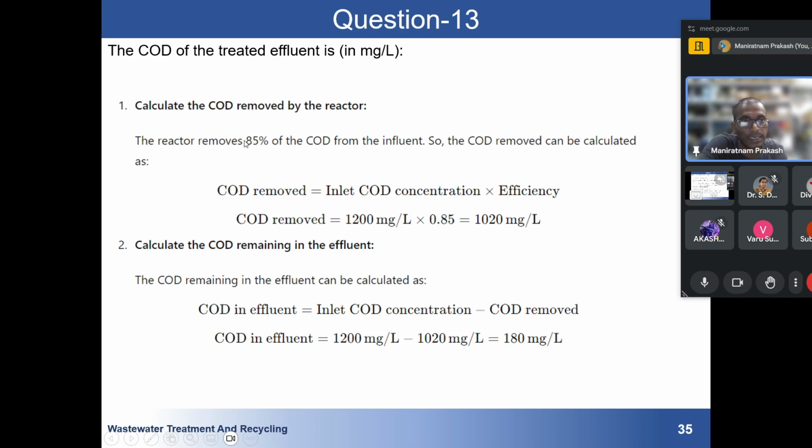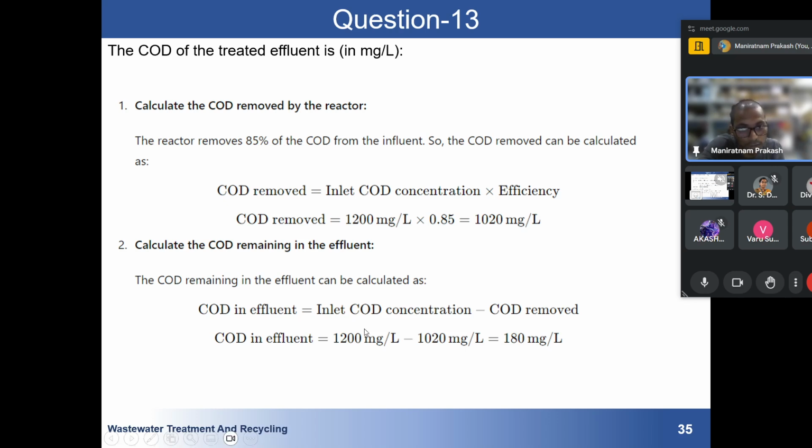So we can see that 80% was getting converted into biogas and 5% into biomass. So the reactor removes 85% of COD from the influent. The COD removed can be calculated as inlet COD times efficiency, that is 1200 times 0.85, because 80% and 5% are getting converted into other forms, and the remaining COD will come out of our system.